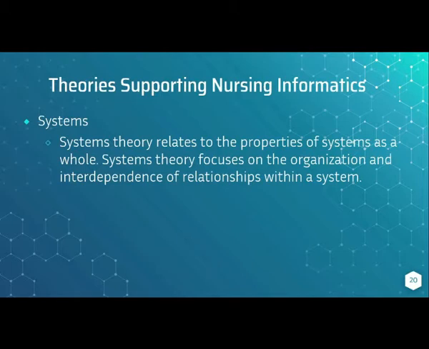A closed system has an impermeable boundary and does not interact with the surrounding environment. One example of a closed system is the human circulatory system. The circulatory system is considered closed because the blood never leaves the system of blood vessels. An open system can be influenced by events outside of the actual or conceptual boundaries.